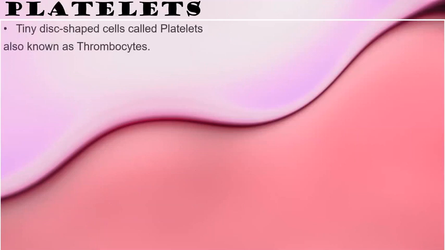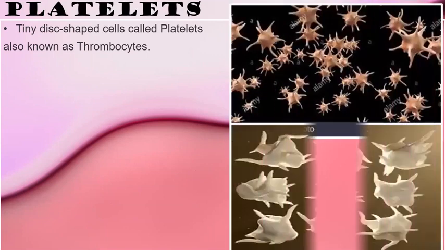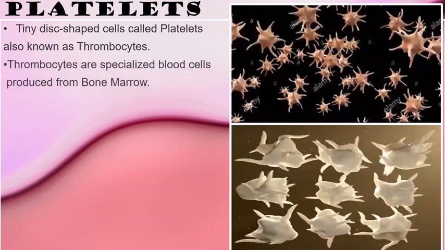Let's see another component of blood, that is platelets. Platelets are tiny disc-shaped cells, also known as thrombocytes. Thrombocytes or blood platelets are specialized blood cells produced from the bone marrow.